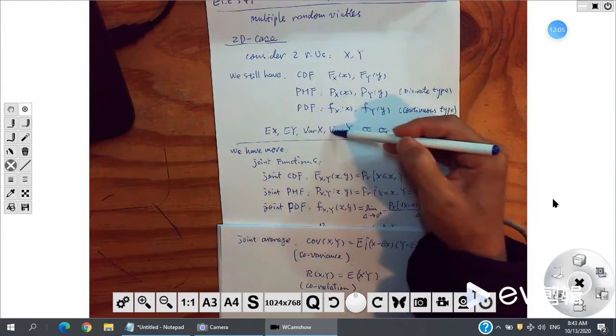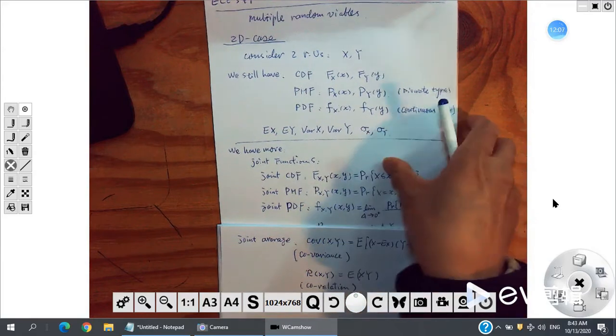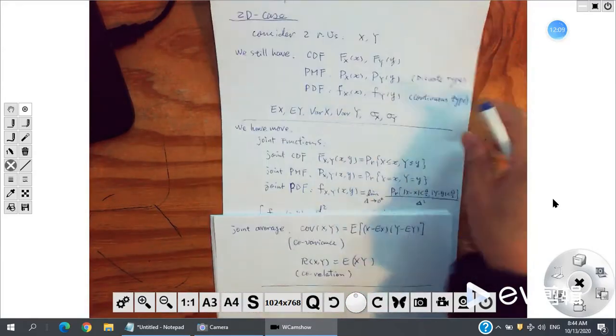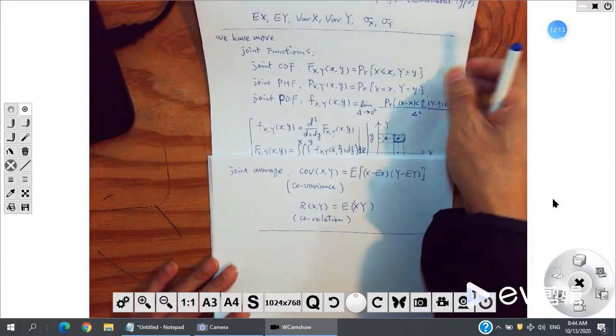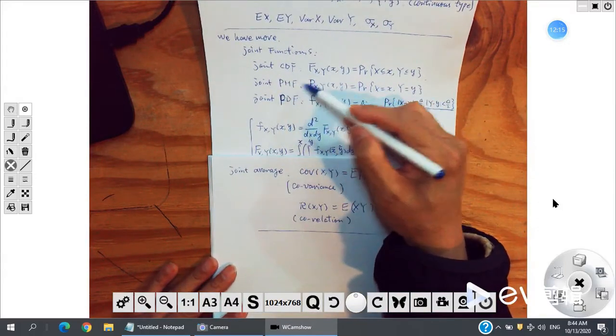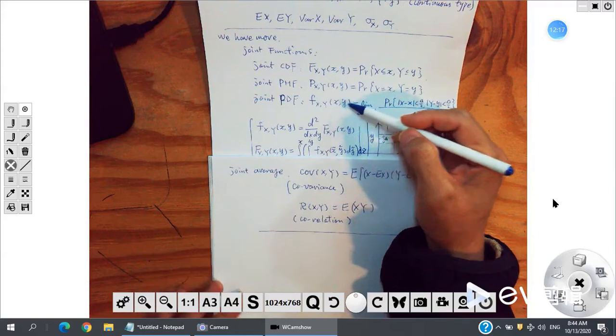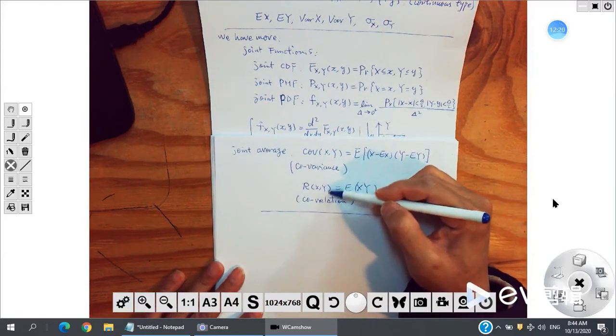Other than these are the old things, which we already know. And now we have something new: joint CDF, PMF, PDF, and also the joint average.